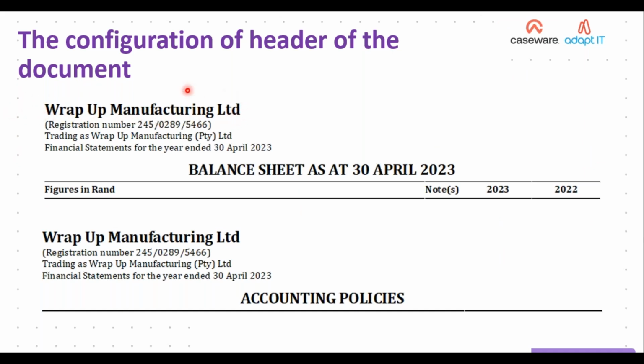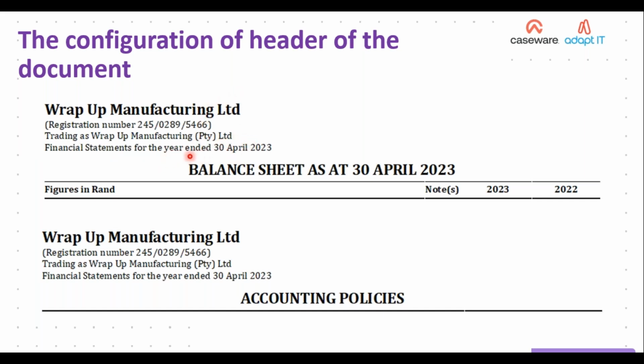So remember, this is pulling from engagement properties operating name. That's the name of our client. Then we also have the registration number, the trading as, the trading name of wrap-up manufacturing, then the name of the statement, that one is called financial statements for the year ended.